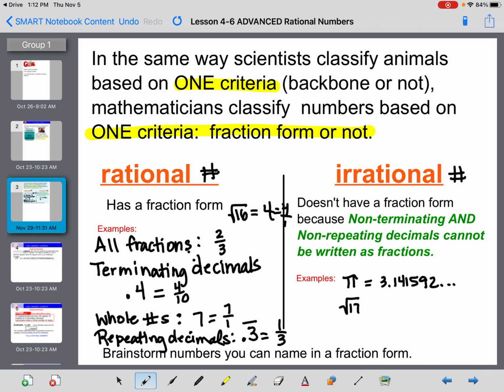If you punch that in your calculator, you're going to get 4.1 something, something, something, something, and it will go on forever and ever and ever with no repeating pattern. So the only way to get an irrational number, one that cannot be written as a fraction, is a never-ending and non-repeating decimal.